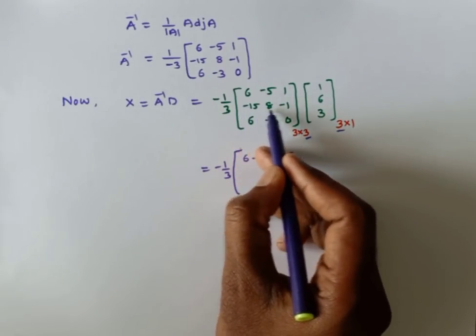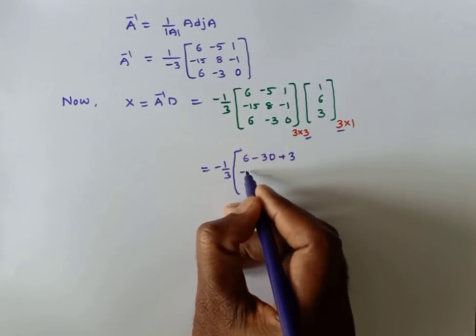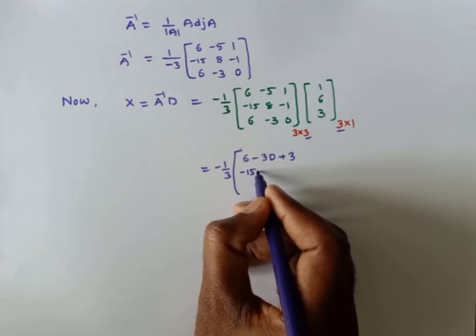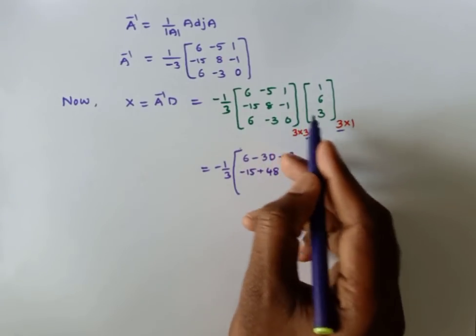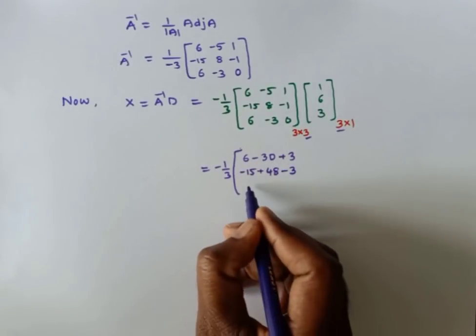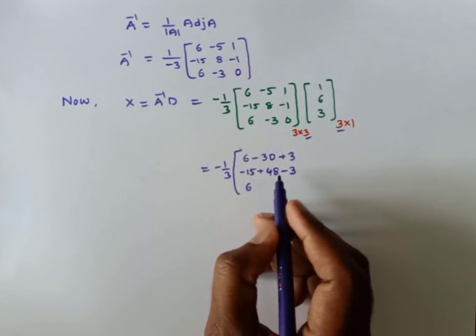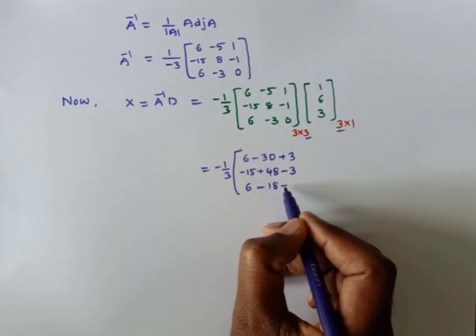Next, the same for the second row: minus 15 into 1, minus 15, plus 8 into 6, 48, minus 1 into 3, minus 3. Then 6 into 1, 6, minus 18, plus 0.